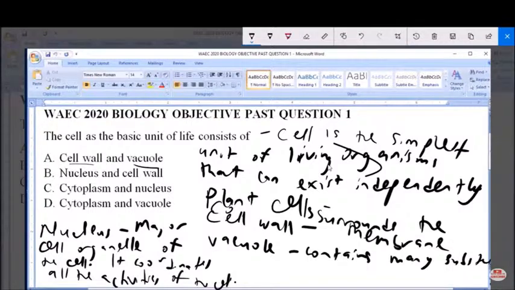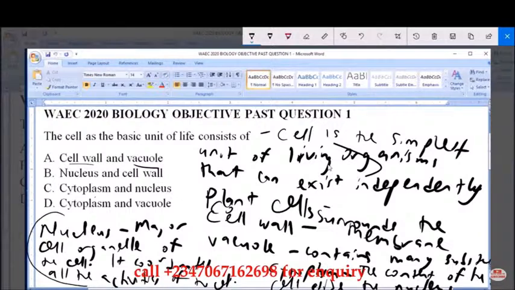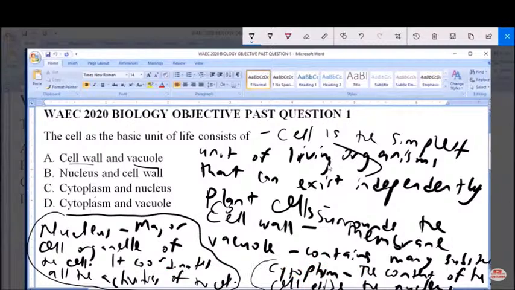And then lastly, the last item that we've not talked of is the cytoplasm. And the cytoplasm is basically all the content of the cell aside the nucleus. So from what we've seen, the nucleus is the major organelle of the cell, and the cytoplasm is every other content within the cell aside the nucleus.